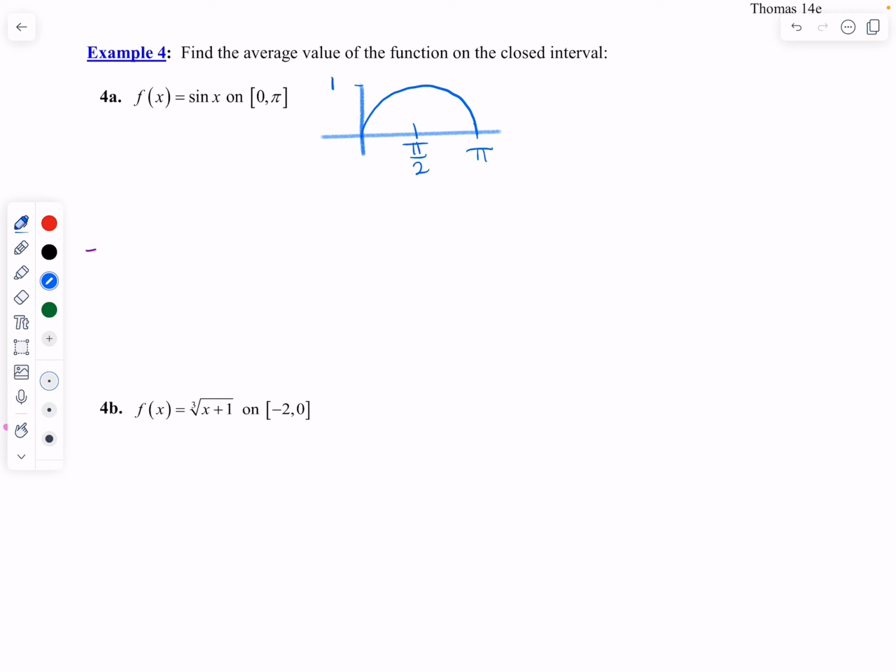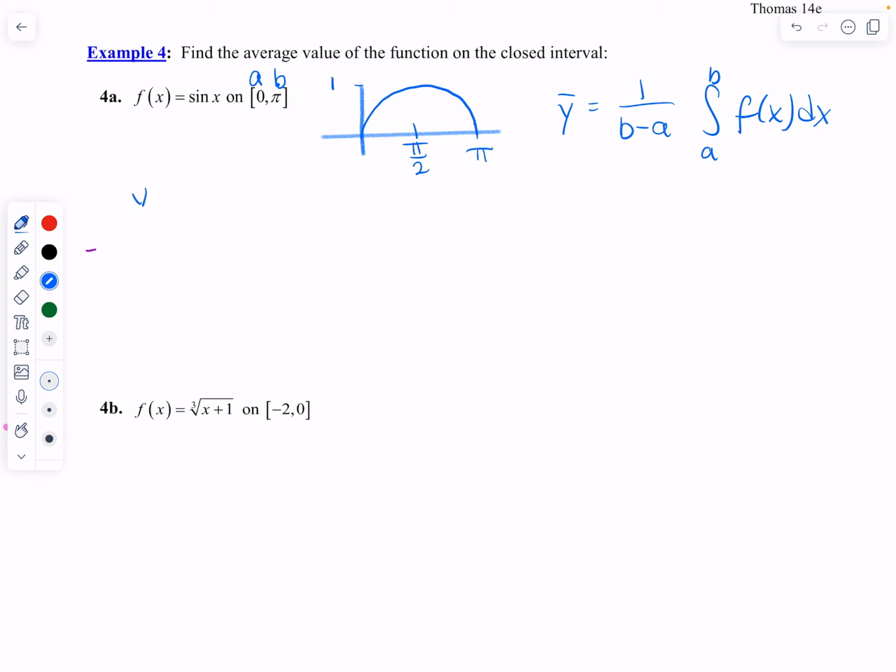So remember that average, or y bar, is equivalent to 1 over b minus a, integration from a to b, f of x dx. Okay, so remember that the upper limit is going to be b, which is pi, and the lower limit is 0.